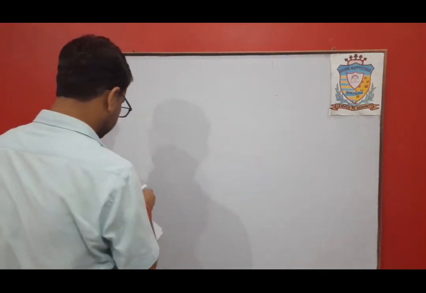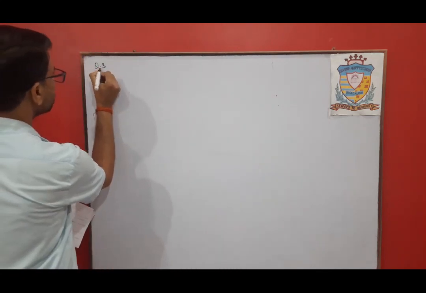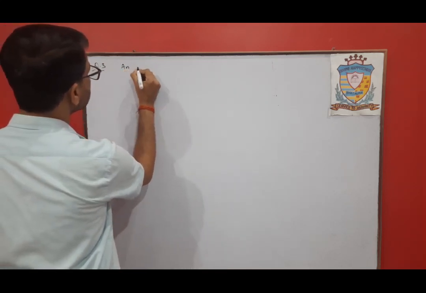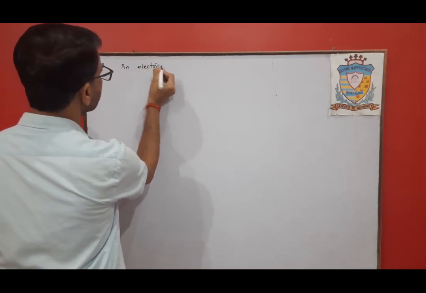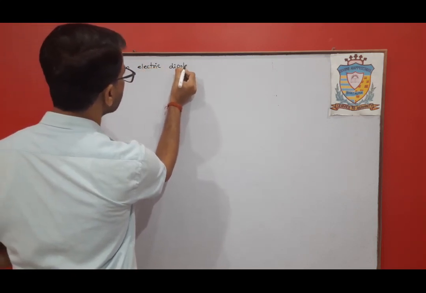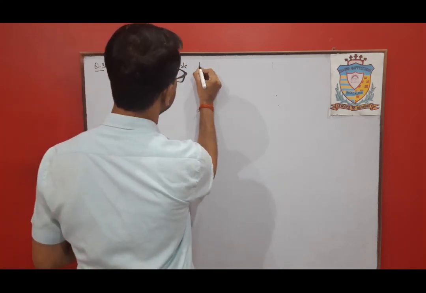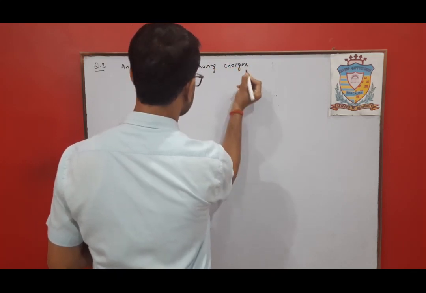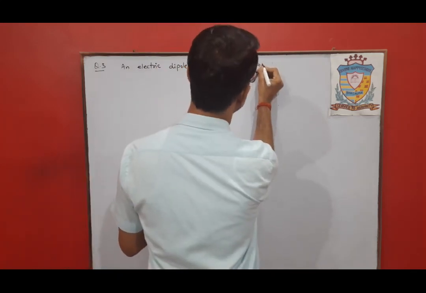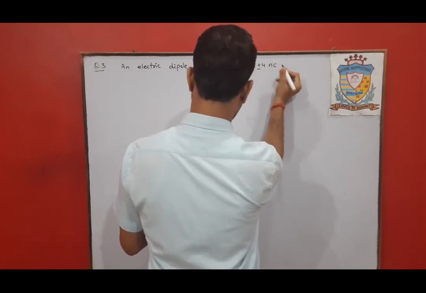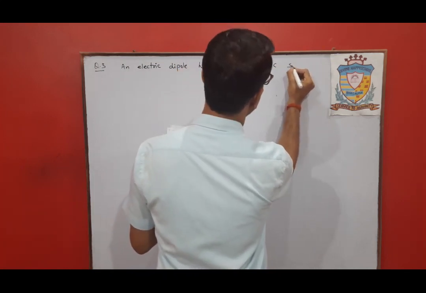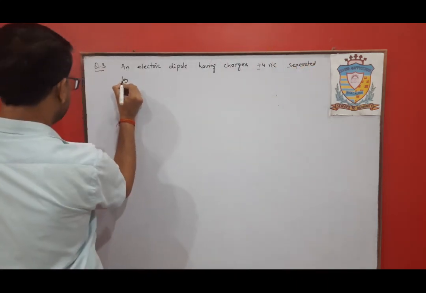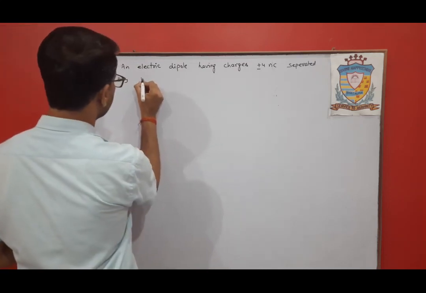Third numerical. An electric dipole having charges plus and minus 4 nanocoulomb separated by 10 centimeter apart.